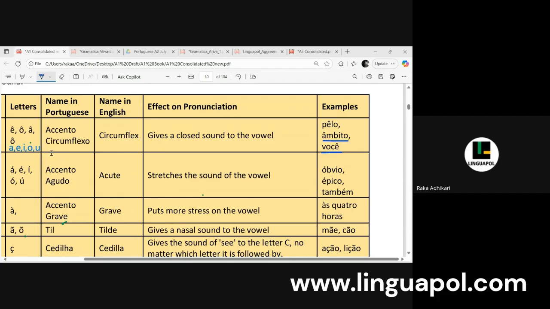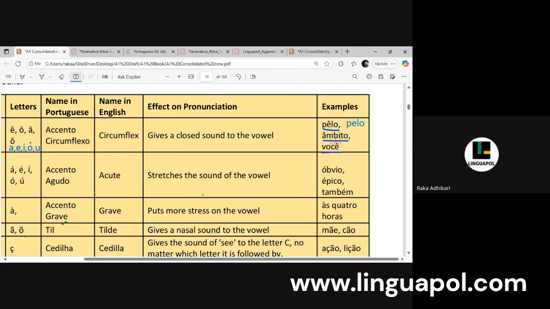The word pelu can mean hair. Okay, pelu, hair, with the accent. If we don't have the accent in this word, then it can mean for the. So there are two words. See, there's this one word with the accent, and there is another word, same word without the accent.